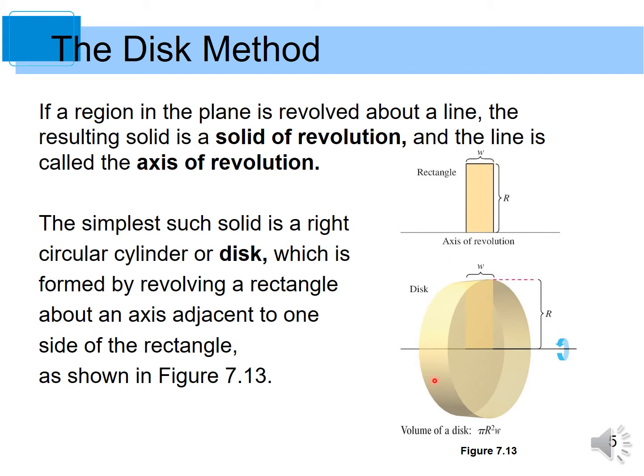To get the volume of this disk, we take the area of this circle times the width. So pi r squared is the area of this circle, times the width.